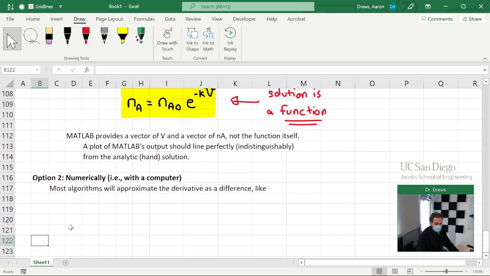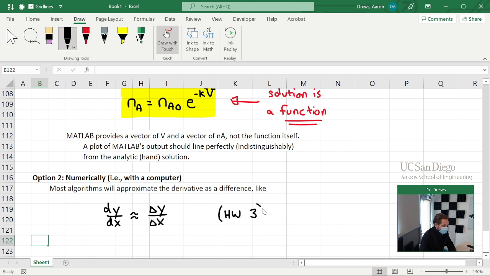And we've done this actually on a homework previously. We had something like dy dx was approximated as a little bit of change in y over a little bit of change in x. I think this was on homework 3. We did a numerical integration like this.